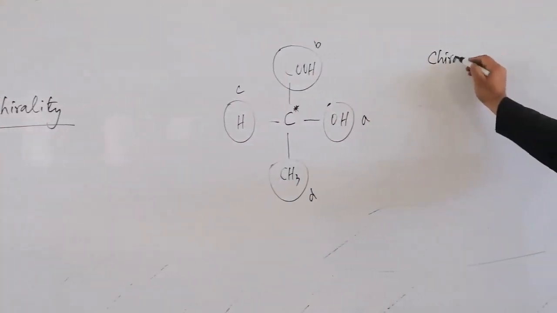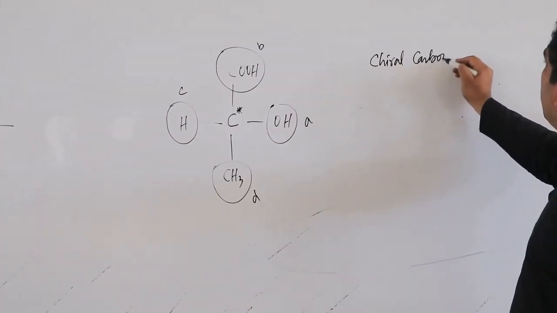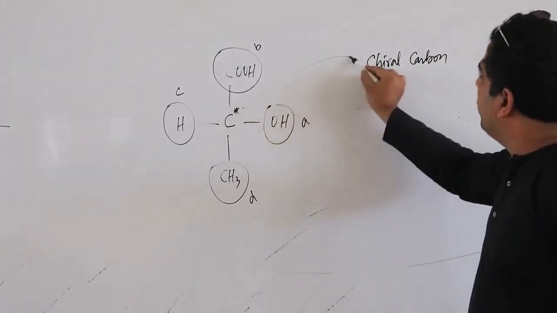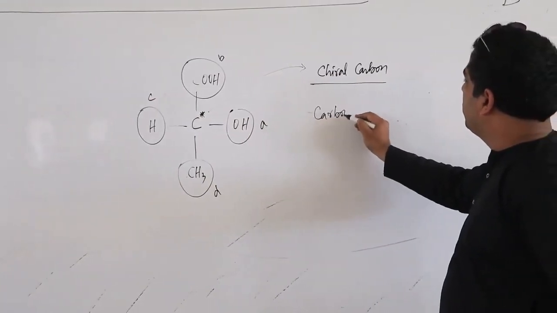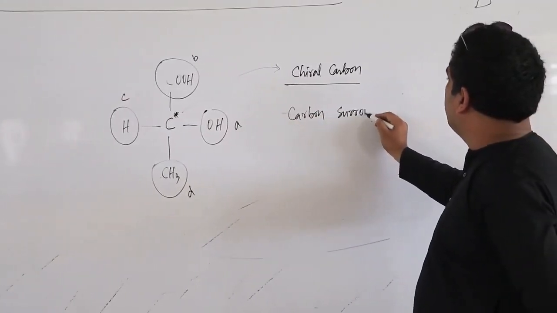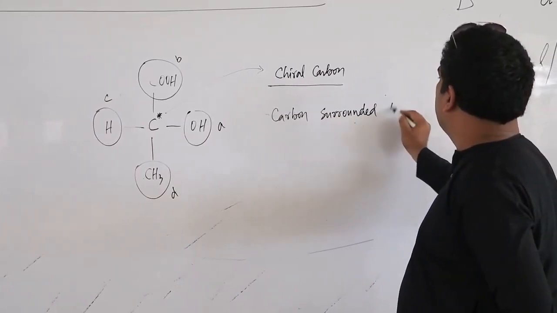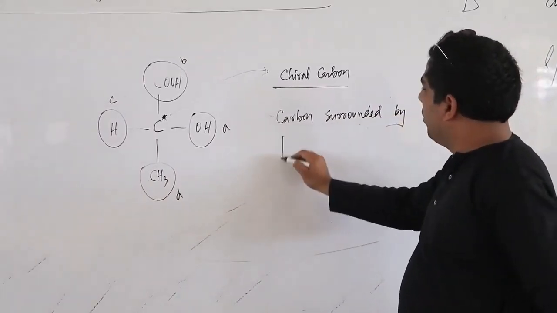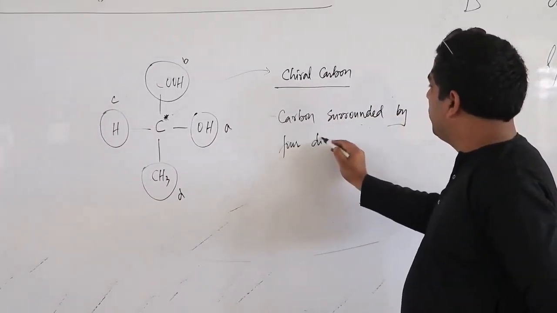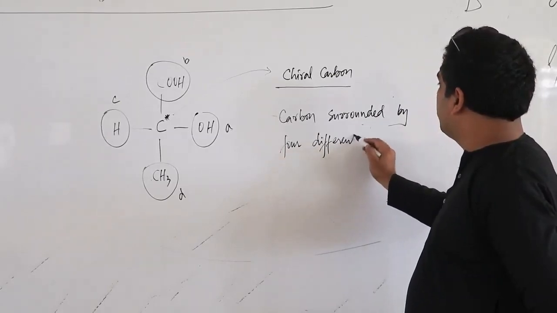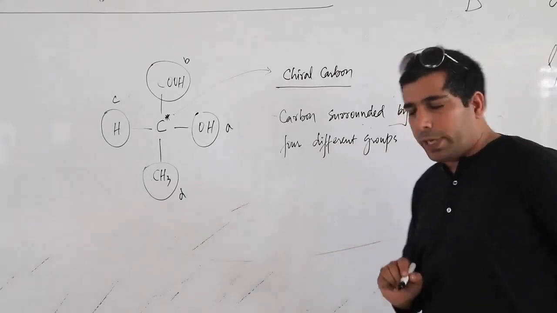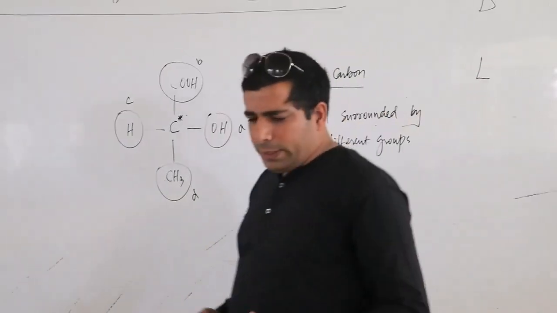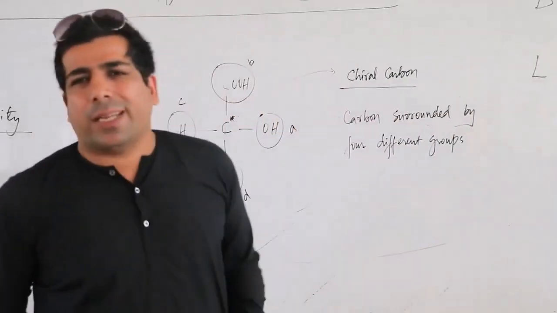So what is chiral carbon? This guy is our chiral carbon. So what is it? Carbon surrounded by 4 different groups.